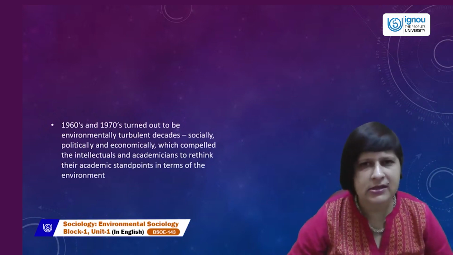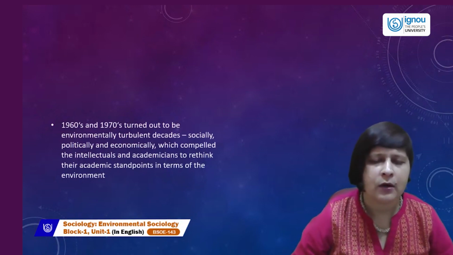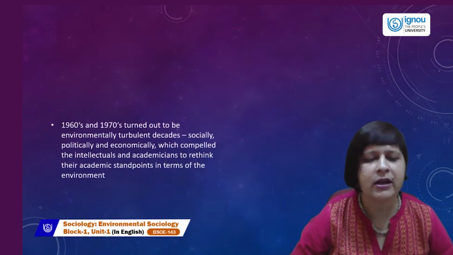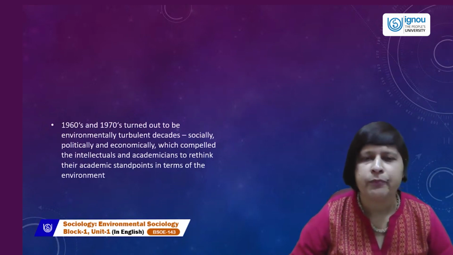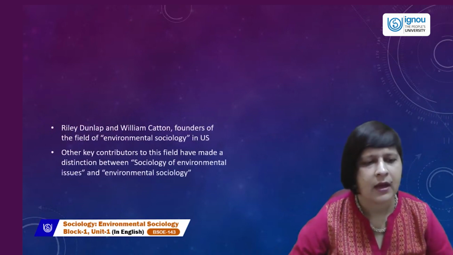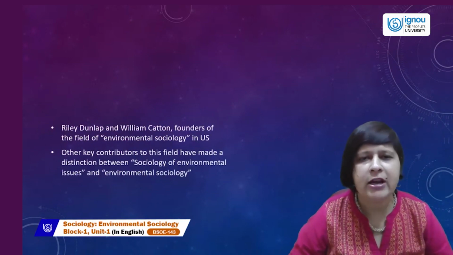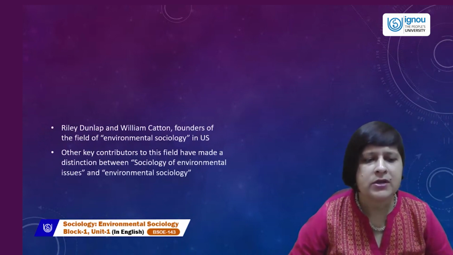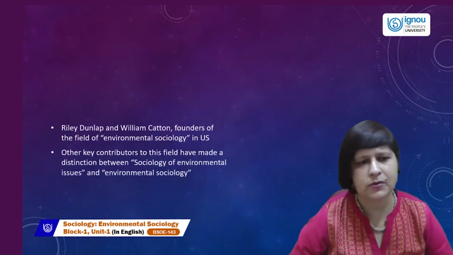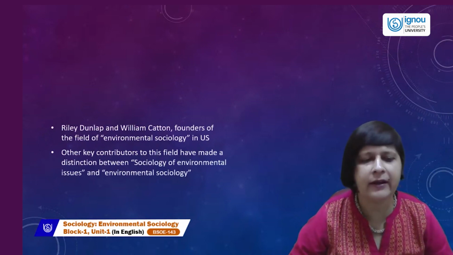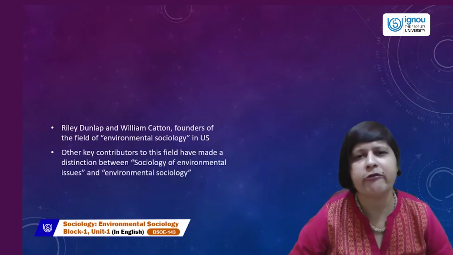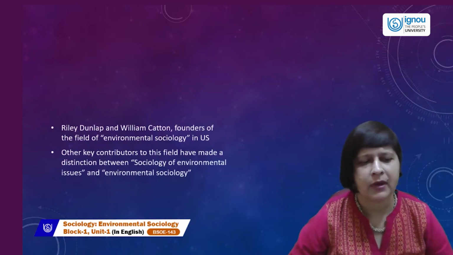So in the 1960s and 70s, sociologists started thinking about the environment in another way. Riley Dunlap and William Catton are known as the founders of environmental sociology in the US.